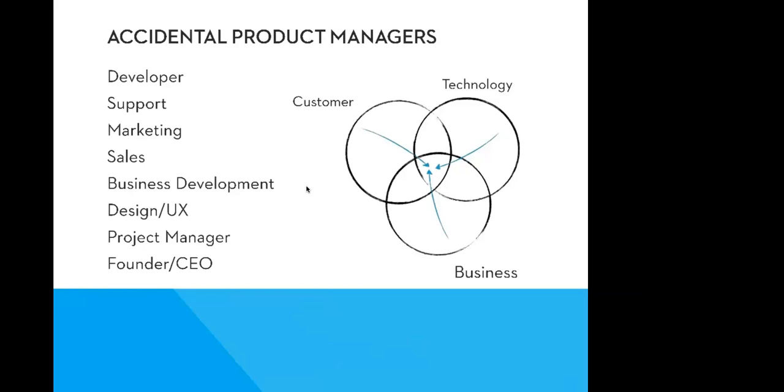So they can become a product manager in that particular genre, because they have actually been embedded in it and know it inside out, because they've sold, or they've rendered support, or they've actually developed it. And then business development knows a whole lot about it too, because they have to determine revenue and P&L and all that stuff.